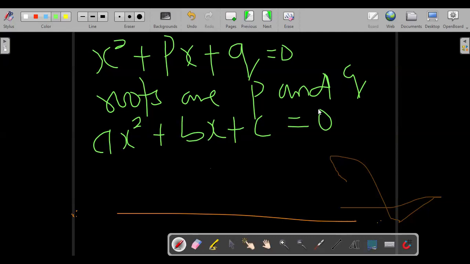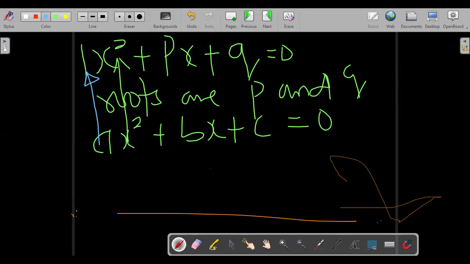The coefficient of x squared here is 1, even though we are not writing it. If I compare x squared to x squared and a to 1, you can see that our a is 1. Then if I compare the second value, you will notice that our b is p.